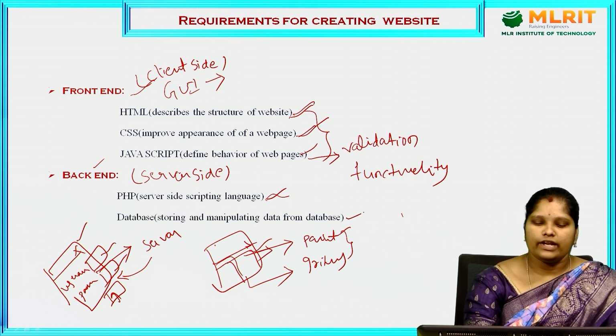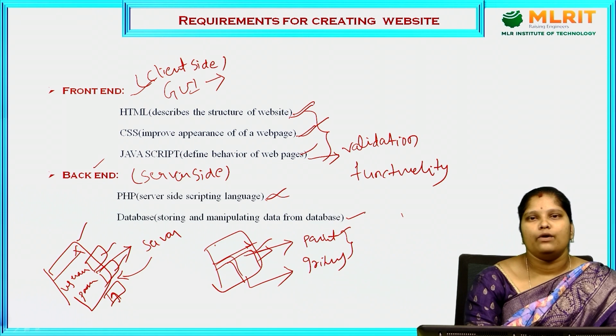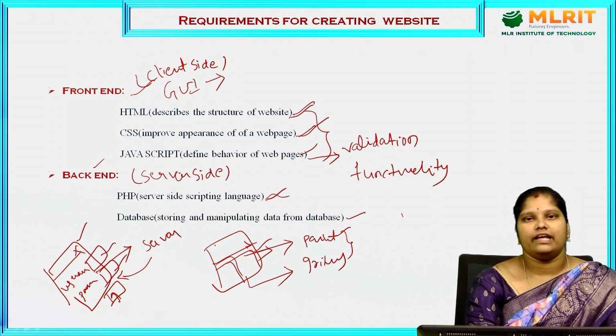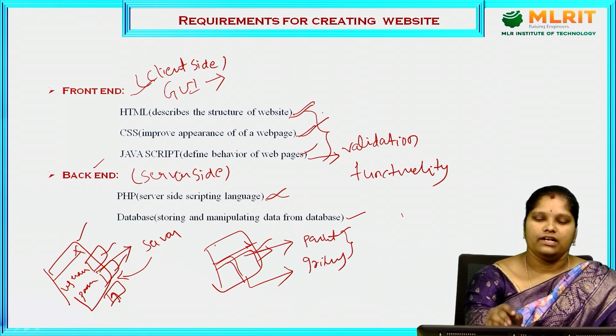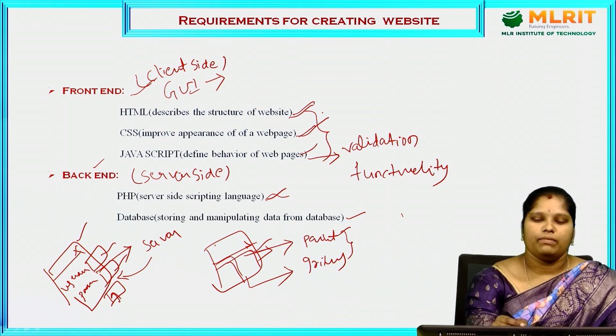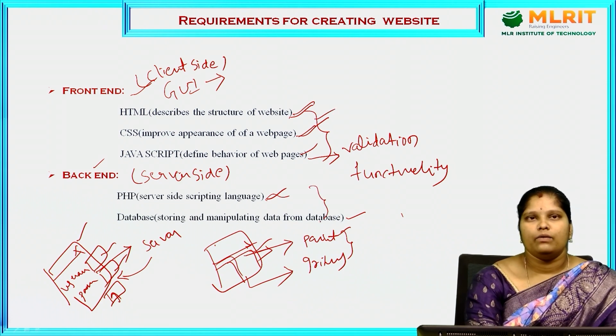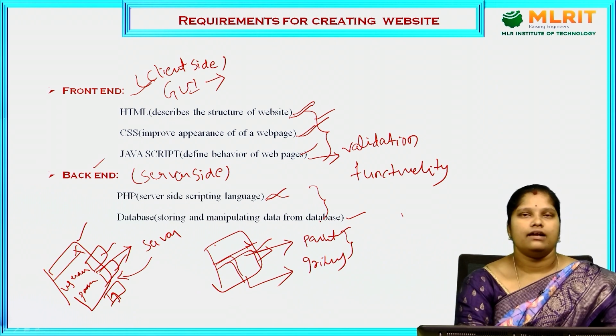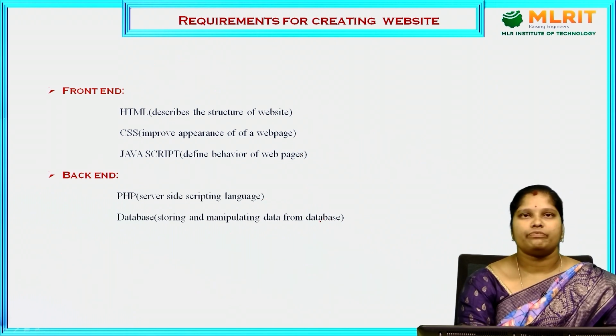And for storing and manipulating the data, we need to use a database. Whatever information is on the website is stored in the database. These are the requirements for creating any website: for the front end, three languages, and for the back end, PHP and a database.